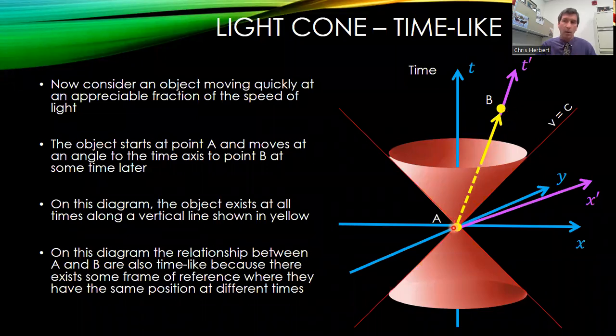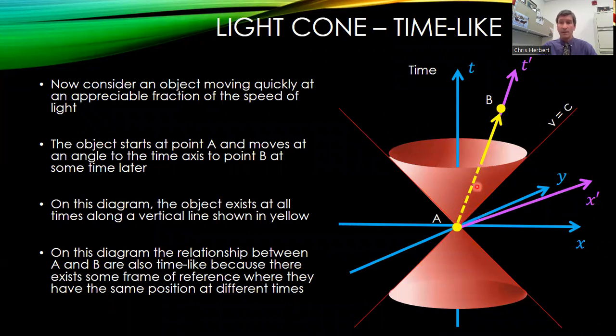This is similar to what happened with our boxcar, the whole simultaneity thing, that in our, let's call it our blue frame of reference, clearly A and B happen at 2 different locations at 2 different times. That's fine. In my purple, in my transformed coordinate system, however, now A and B line up in the same position.